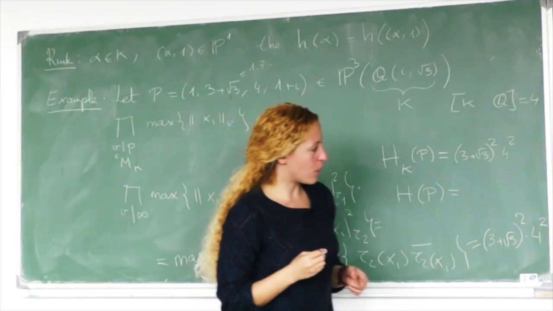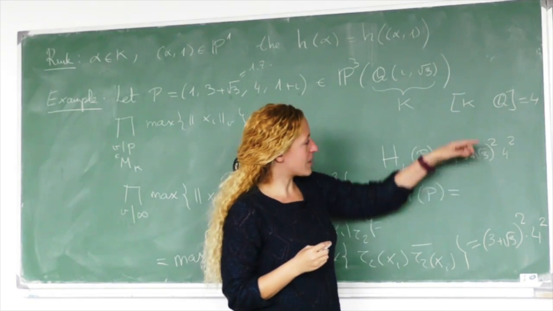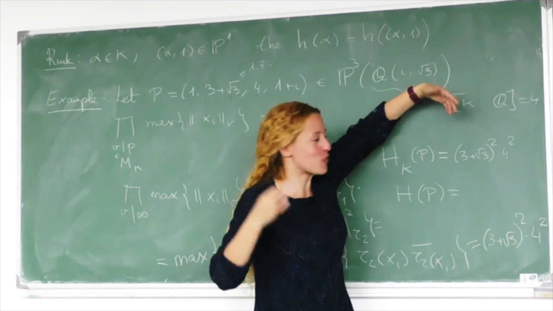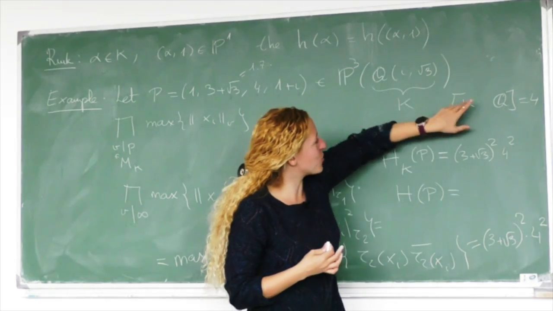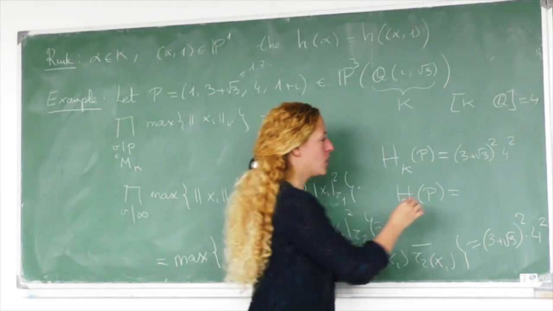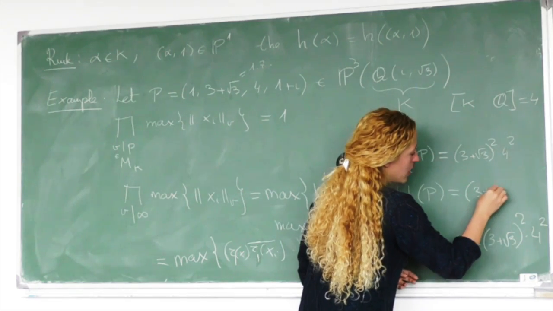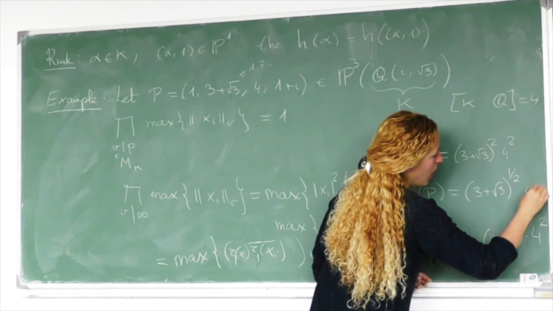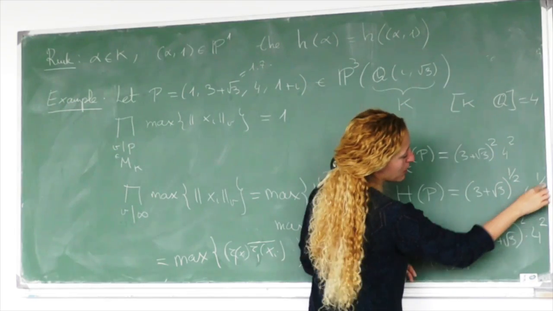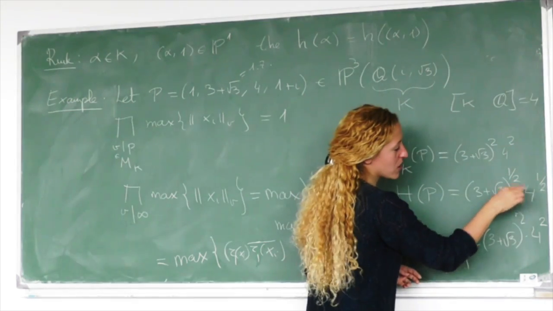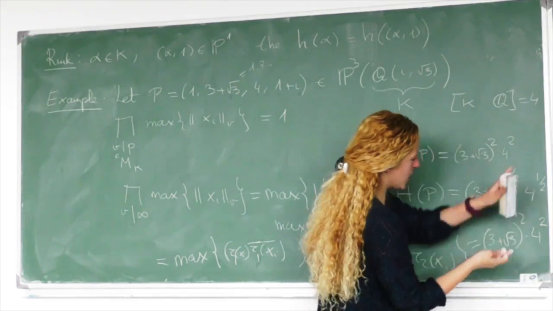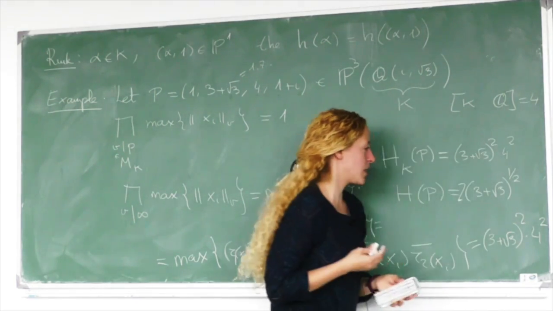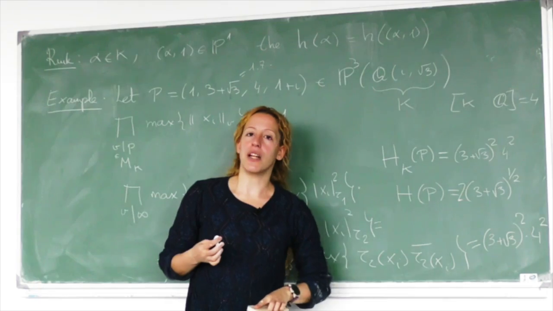For this, we gave the definition here. We just have to take the root with the degree corresponding to the field, and we have a 4. So we get 3 plus the square root of 3, times 4 to the 1/2 and 1/2, but actually this is equal to 2, because this is the square root of 4. So we can write it with a 2, and maybe it is nicer if I put it here. So we get this value for the height.